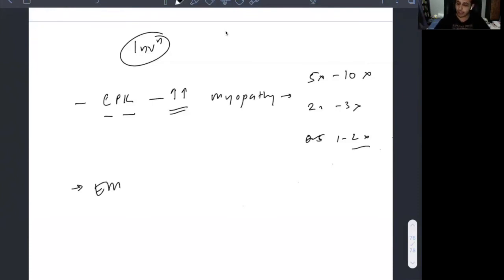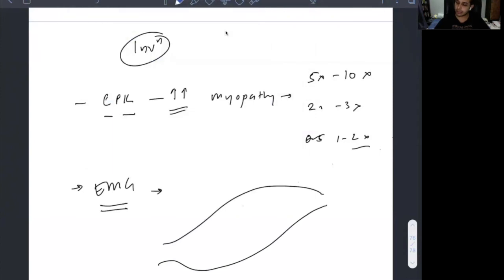Second is an electromyography. So in an electromyography, what happens is this is a muscle, and your muscle is damaged, for example. So what we do is that we put in a needle and we get the muscle to contract.